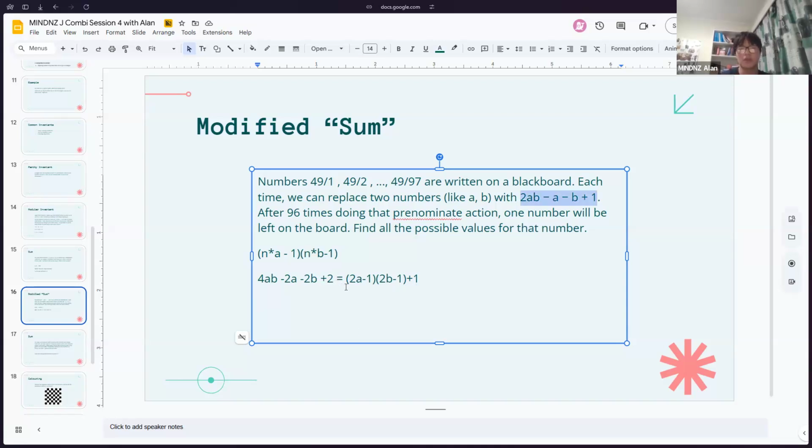If we replace a and b with this expression, then we would have to perform the same operations on this expression too, right?